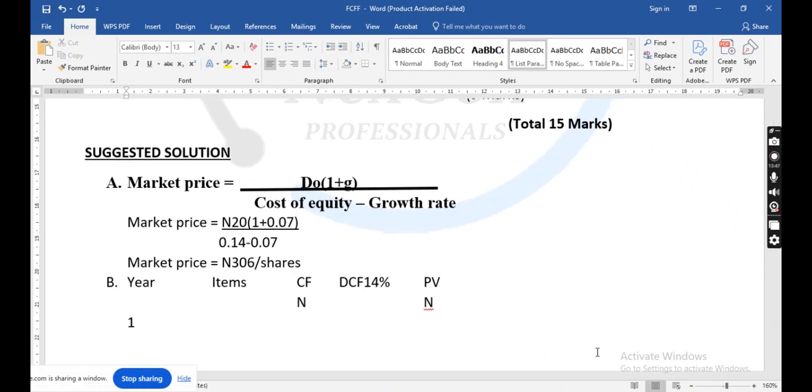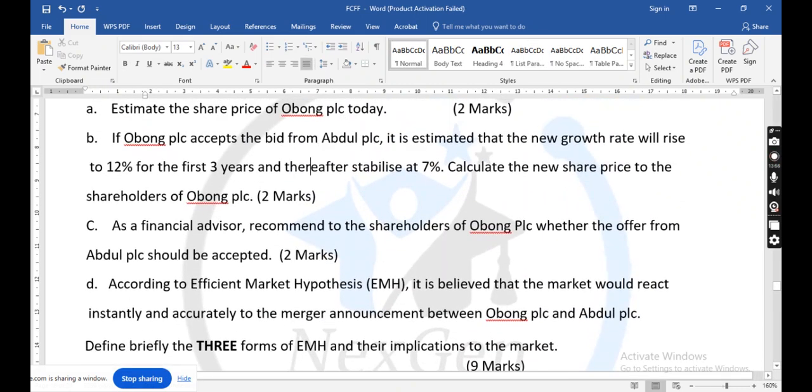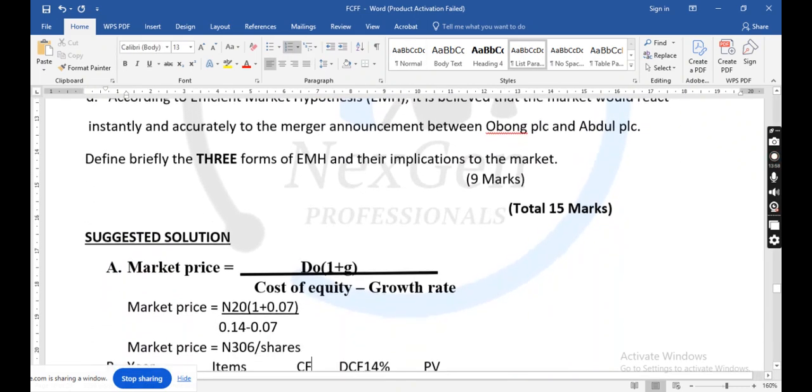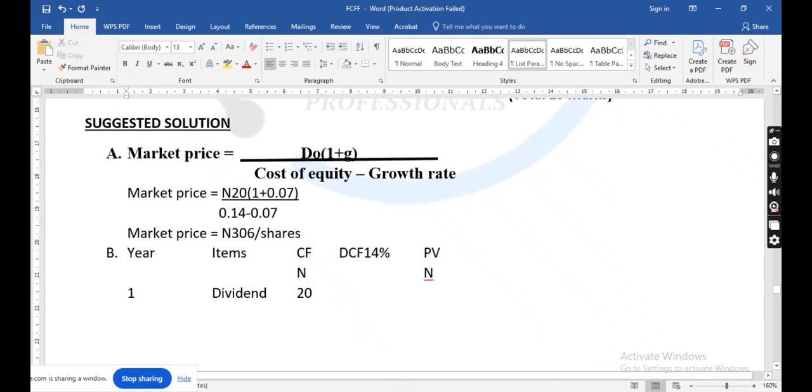Year 1 dividend is 20. It will increase by 12%, times 1.12 raised to power 1. Is it 1.12? Am I correct? Okay, 1.12.